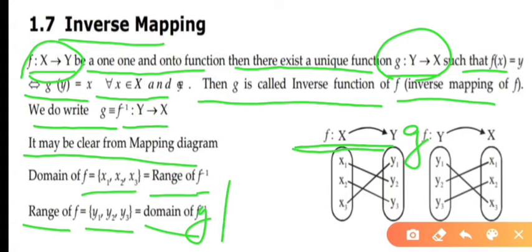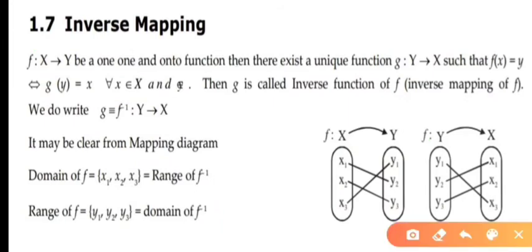Domain of f equals range of f inverse, and range of f equals domain of g inverse, or they have taken both as f only.